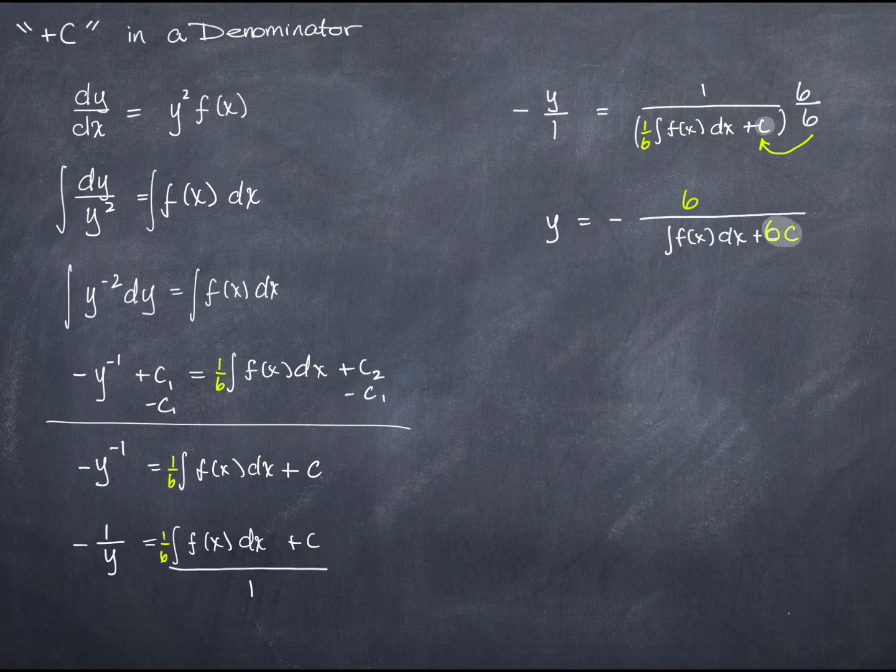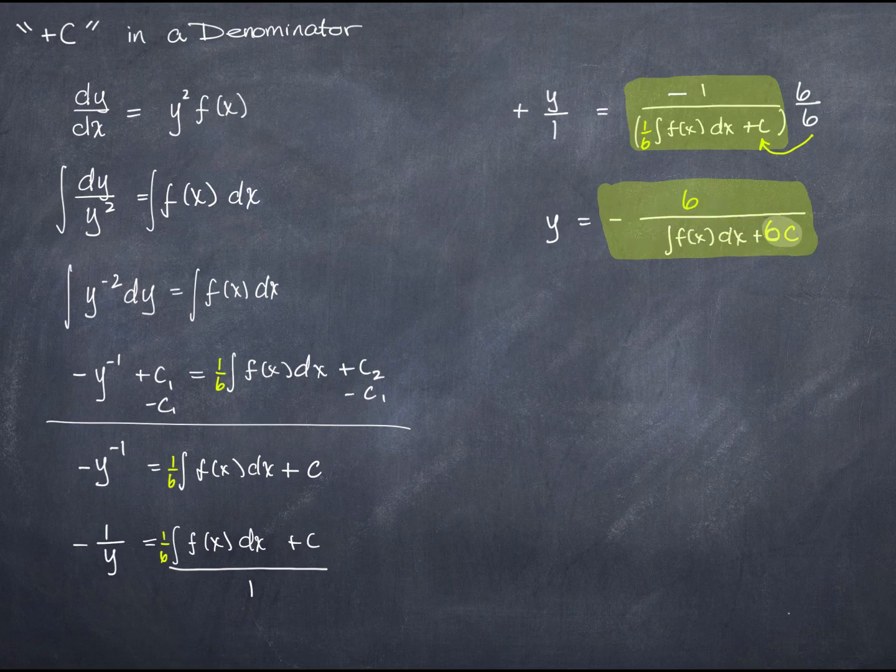So I have two choices now. I can either leave my answer so that it looks like this before multiplying it by 6 over 6, and of course I would need a negative there, or my answer needs to look like this, where I've manipulated it so that the numerator and denominator have been multiplied by 6.